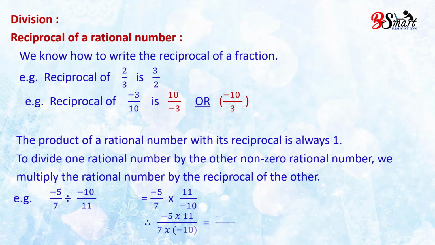Therefore, minus 5 into 11 by 7 into minus 10. 11 5s are 55, minus times minus is plus 55, and 10 7s are 70, minus times minus is plus 70. So 55 by 70 is 11 by 14, minus times minus is plus.